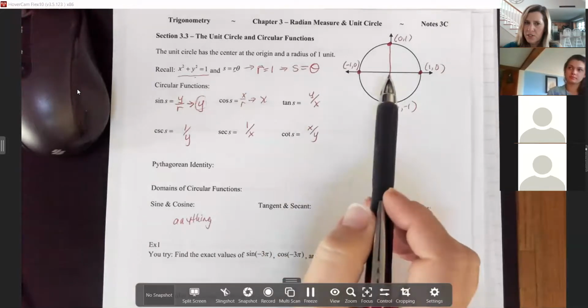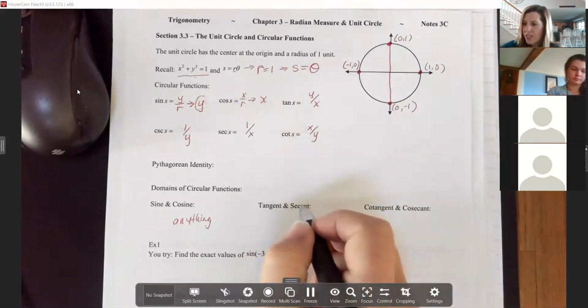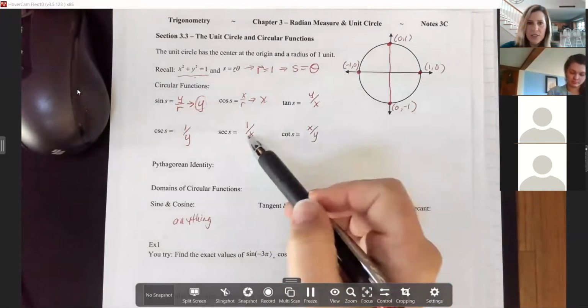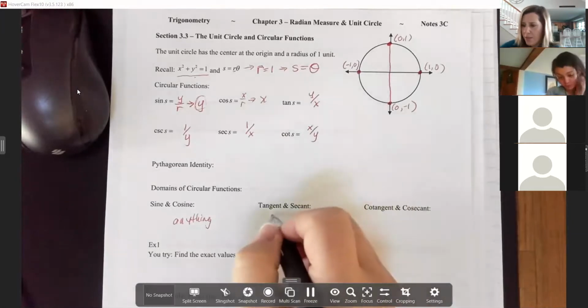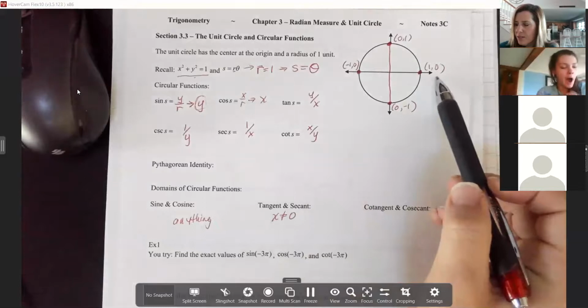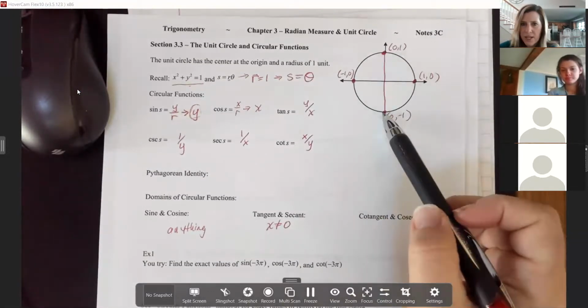So I just quickly went over the notes that you should have taken from 3.3 with the unit circle. I'm quickly recapping this. So for tangent and secant, you can't have x being equal to 0, which is in the denominator, right? X cannot be 0, which happens where? Here and here.